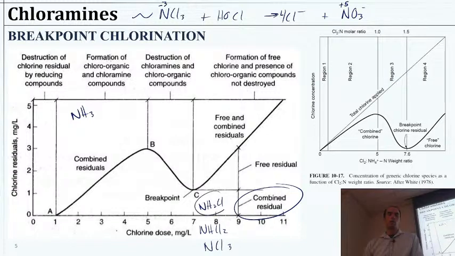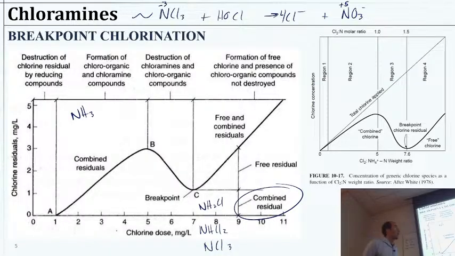It's going to be mostly monochloramine here. But we'll have some combined residual, and then everything on top of that is our free chlorine residual. Okay? And that's where we have a 1-to-1 addition. So you'll see that slope is a bit sharper than the slope here.